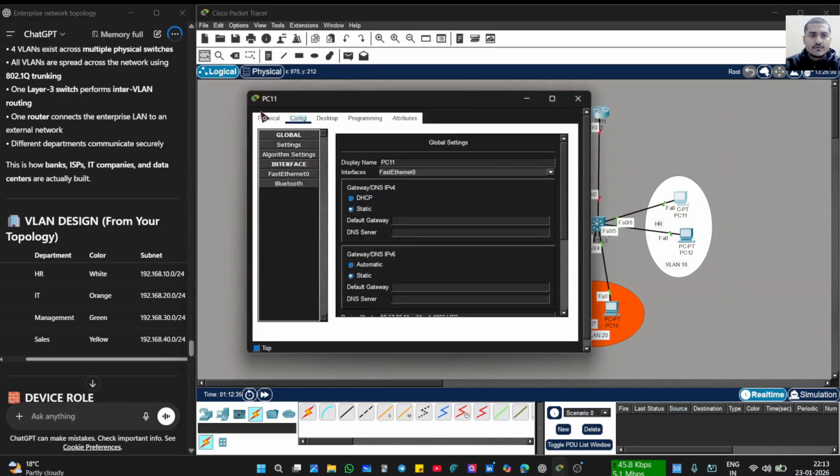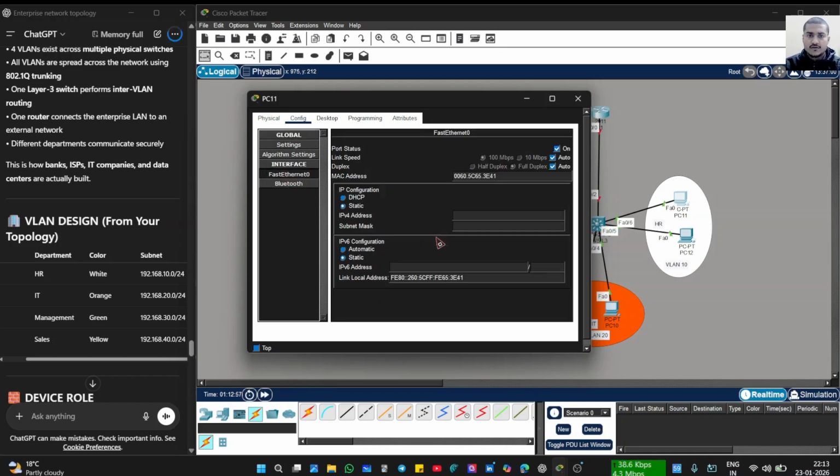Now we can continue with the PC1 in the same VLAN, 192.168.10.10, likewise 10.1, which is similar for each different VLAN. If there's a VLAN 10, here's the 10. You can get what I'm trying to say.